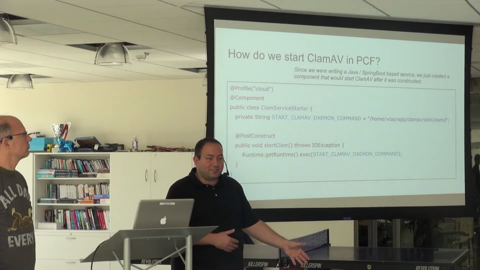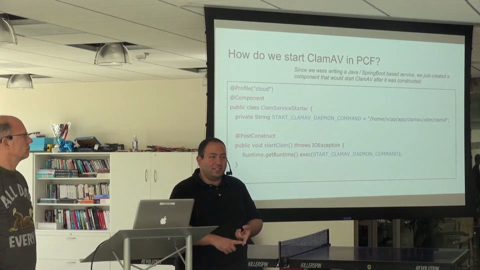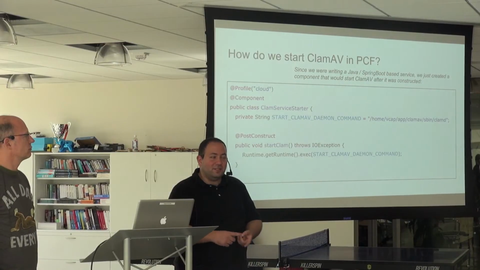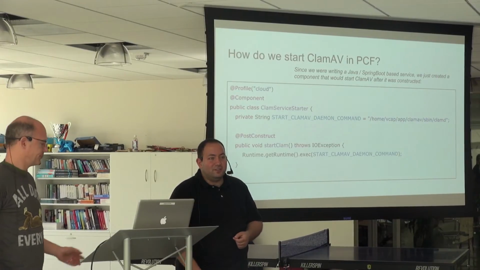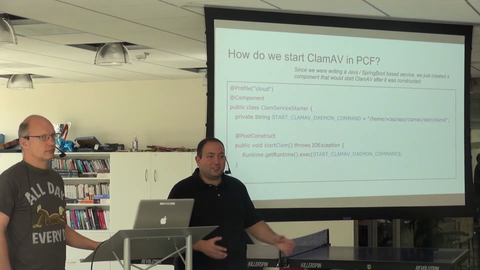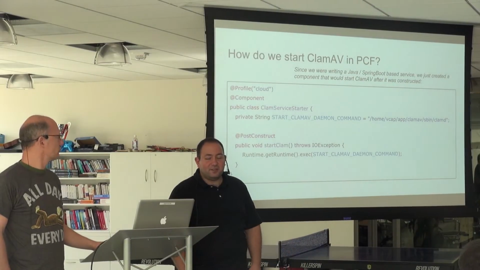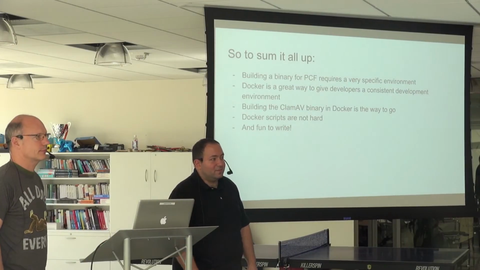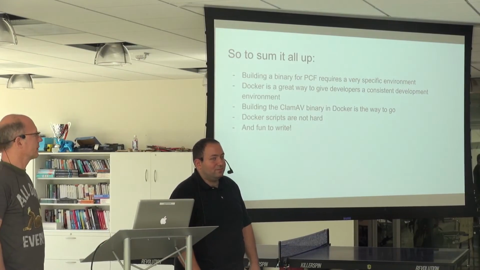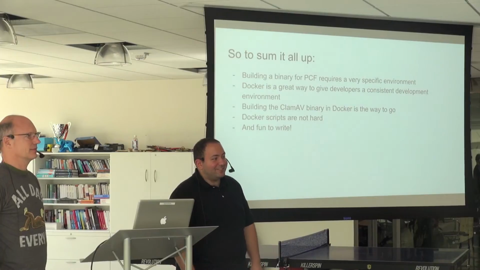So we added some steps to download the virus definitions, tar them up and include those, and then we ran a command called freshclam, which updates the virus definitions periodically. We haven't shown that as part of this slide deck, but it's also part of the requirements to get ClamAV up and running. How do you monitor Clam? How do you make sure it doesn't go down? We didn't do that because it was a POC.